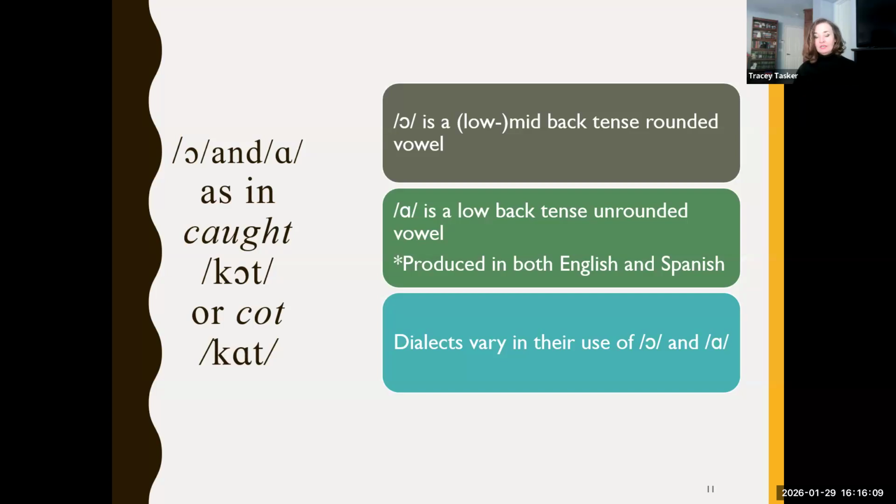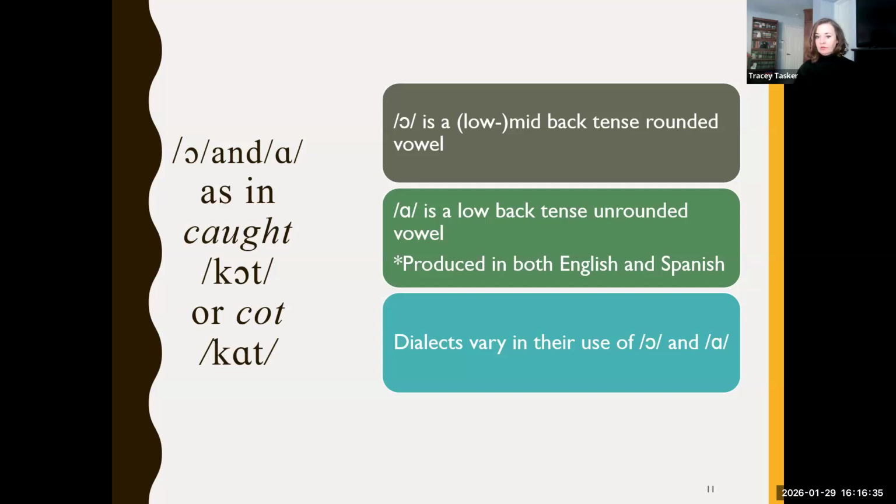So anyway, aw is a low mid vowel, one of the back vowels. It is tense, aw, and you see my mouth is rounded, aw. The next vowel is ah, like in father, fa, ah, fa.